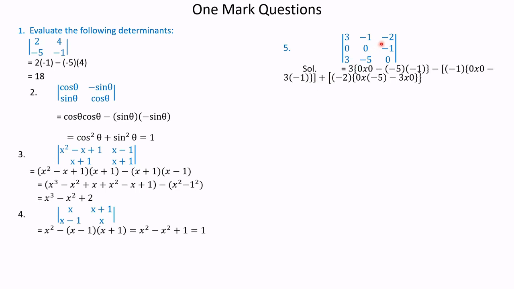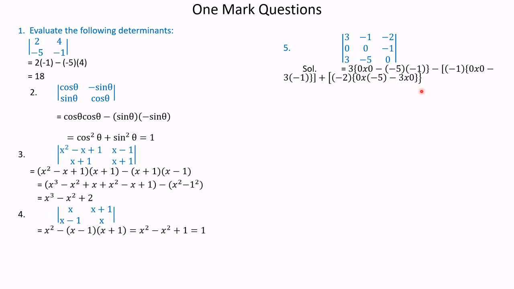Then the last item is minus 2, that is plus here. Here it is plus, minus, plus. So minus 2 as it is, minus 2 into, you cancel the first row and first column. We get 0 into 5, minus 5 is 0, minus 0 into 3 is 0.